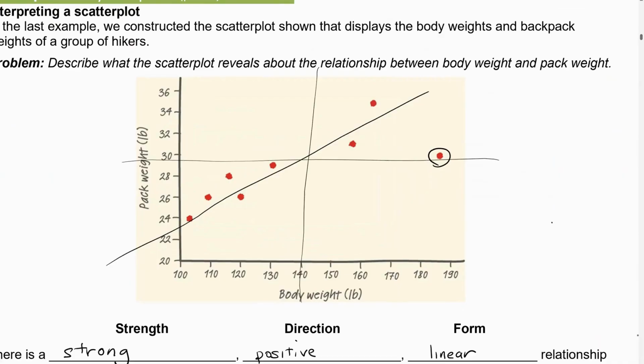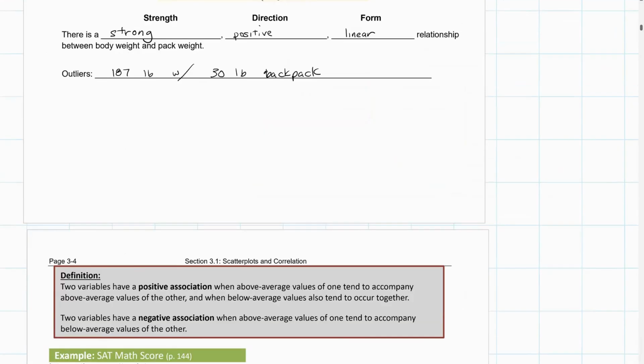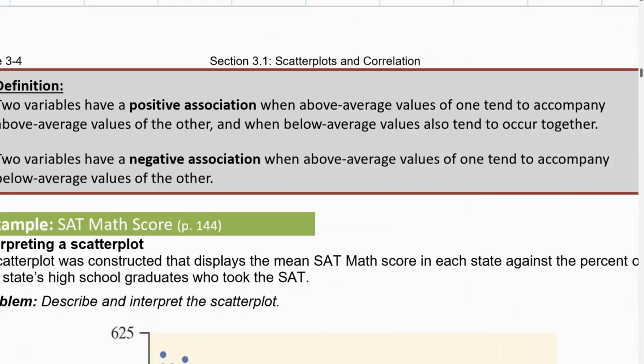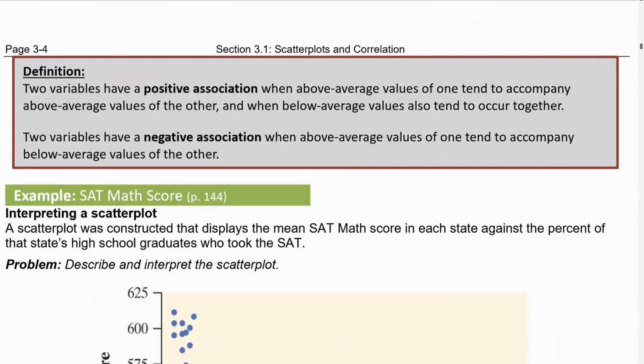Where is above average for body weight? And look at those guys, they tend to kind of clump together in the low body weight, low backpack weight. And these are kind of clumped together in the high body weight, high backpack weight. And so that's what we mean by a positive relationship. A negative association is when above average values of one tend to accompany below average values of the other.